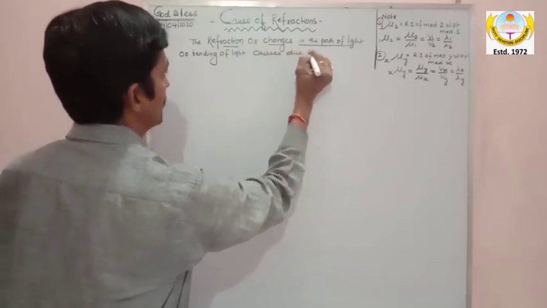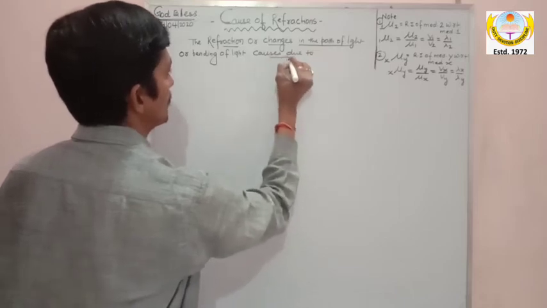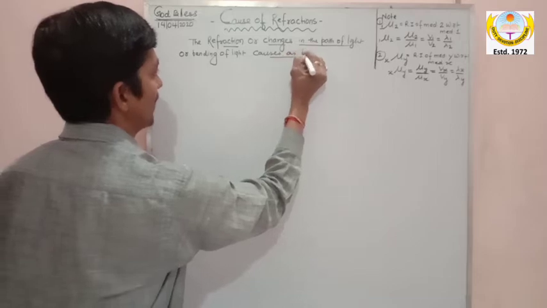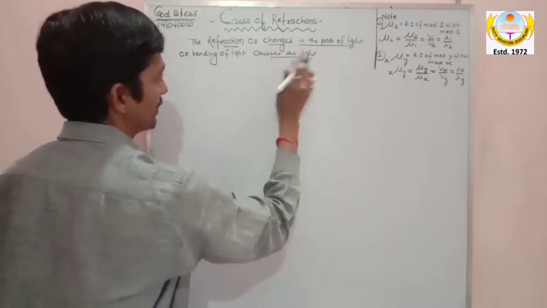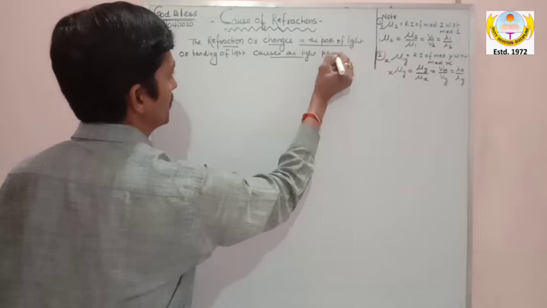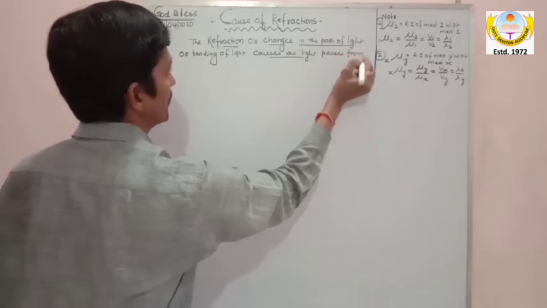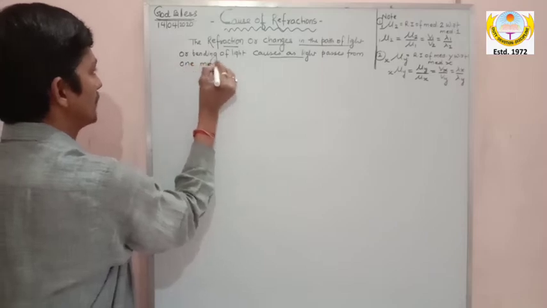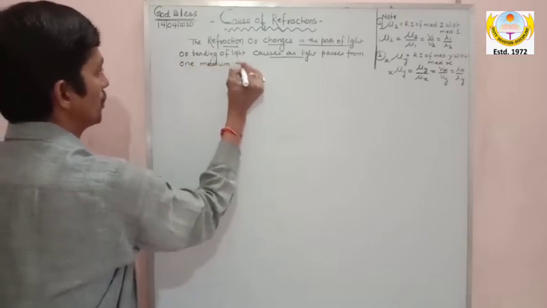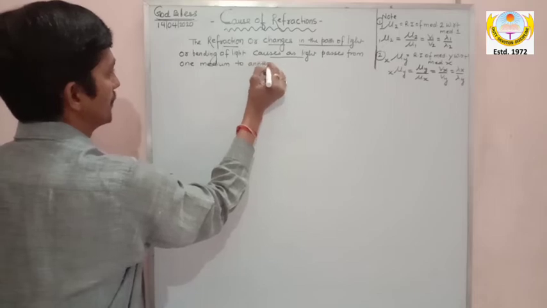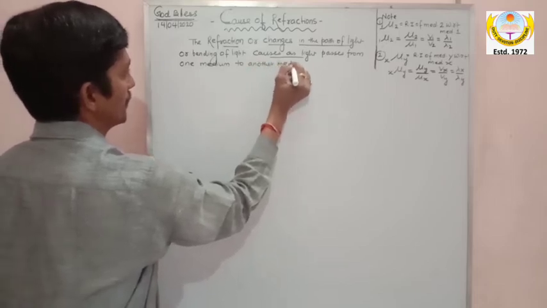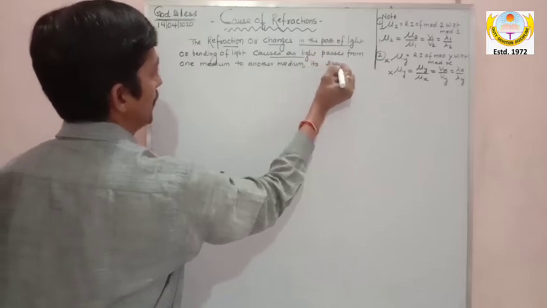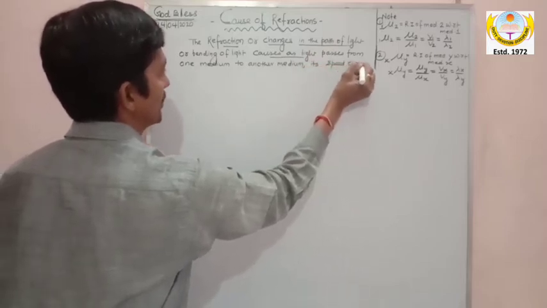which is caused due to, as light passes from one medium to another medium, its speed changes.